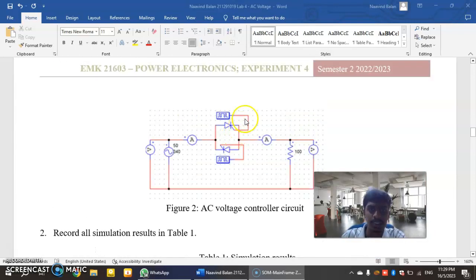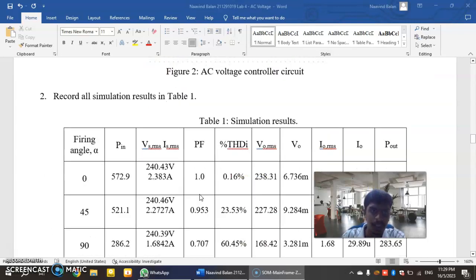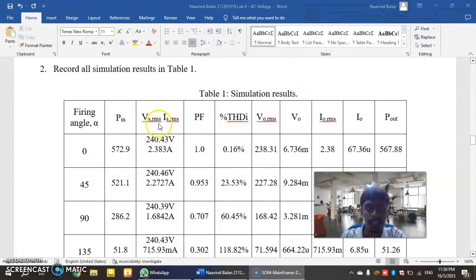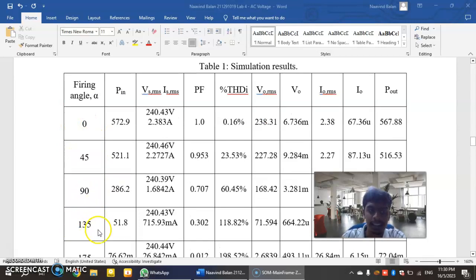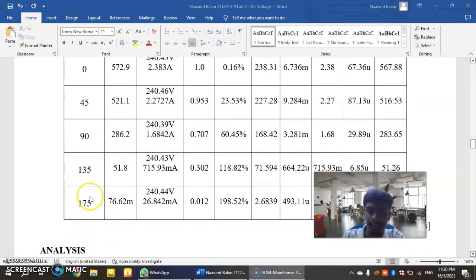So with these circuits I will be able to calculate the voltage, amperes, and the power. Before I explain this table, there are firing angles of 0, 45, 90, 135, and 175.